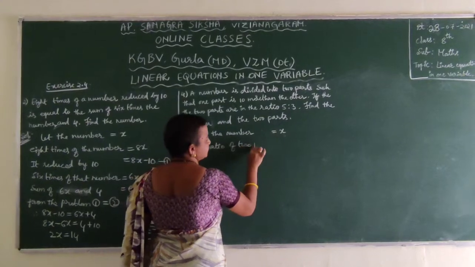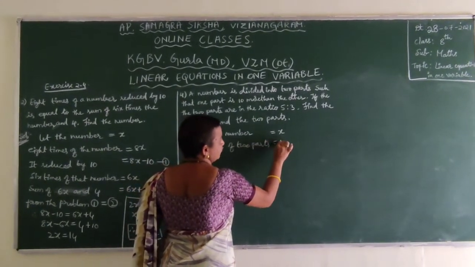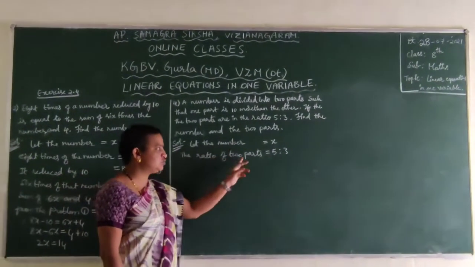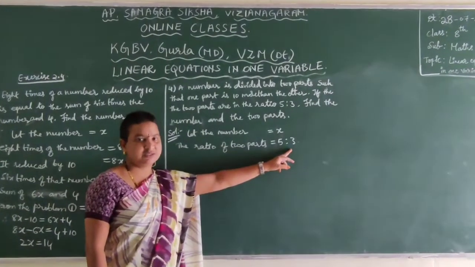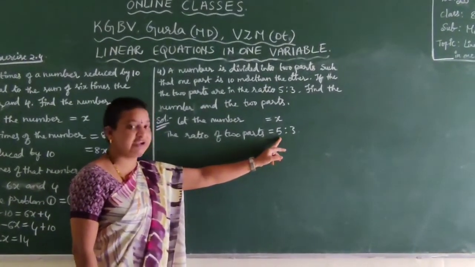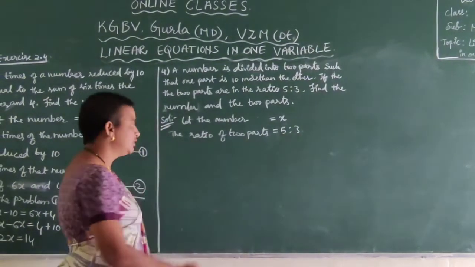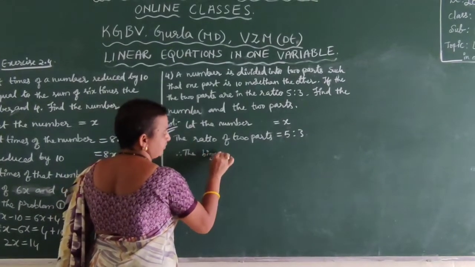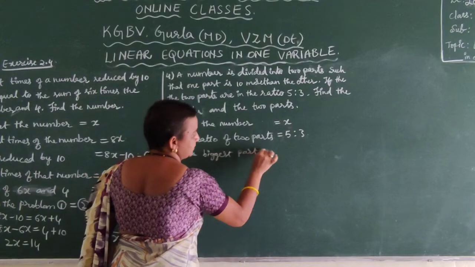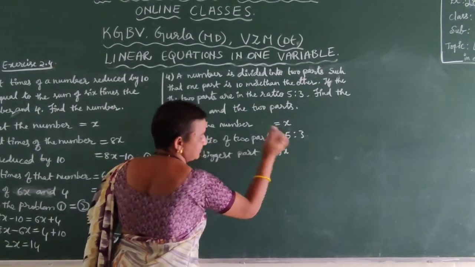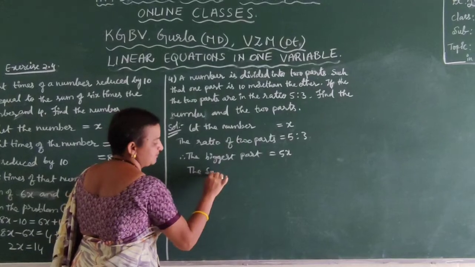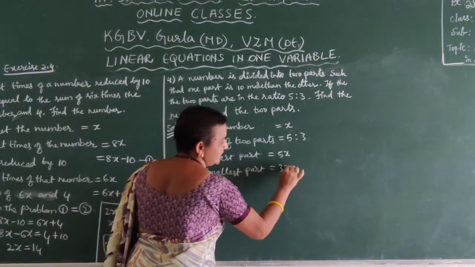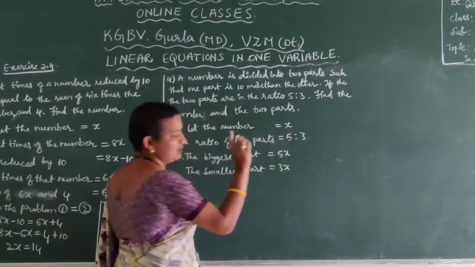So the biggest part is 5 times and the smallest one is 3 times. Therefore the biggest part is equal to 5x. The smallest part is equal to 3x. Biggest 5x, smallest 3x.